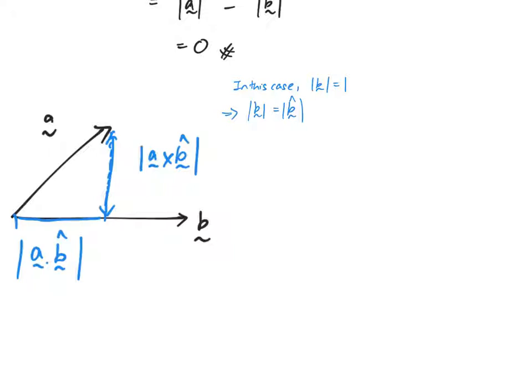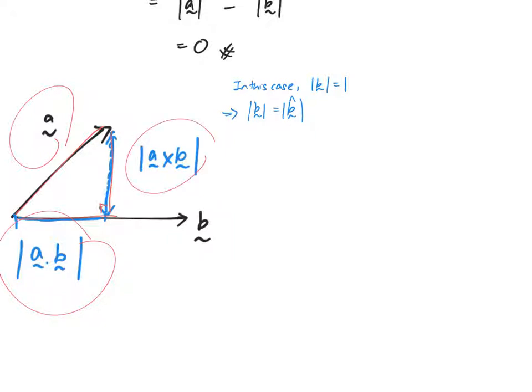So for this particular question, we can just erase away the B hat. Okay, so if you observe, what do you see here? It's actually nothing but a right angle triangle, which are related by the adjacent, the hypotenuse, and the opposite.